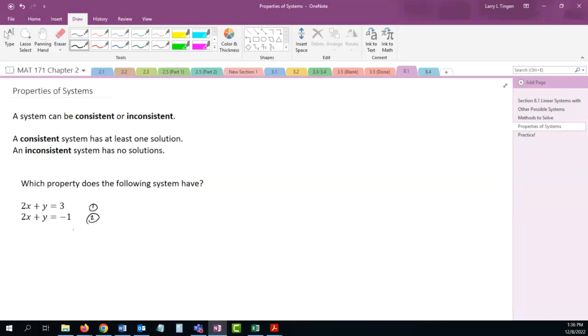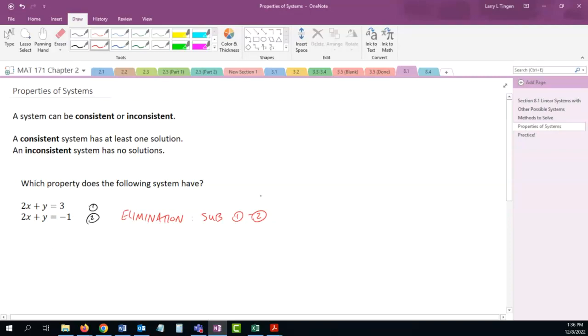Well, I'm going to use elimination, right? Because if I subtract equation 1 and equation 2, these x's will fall away.